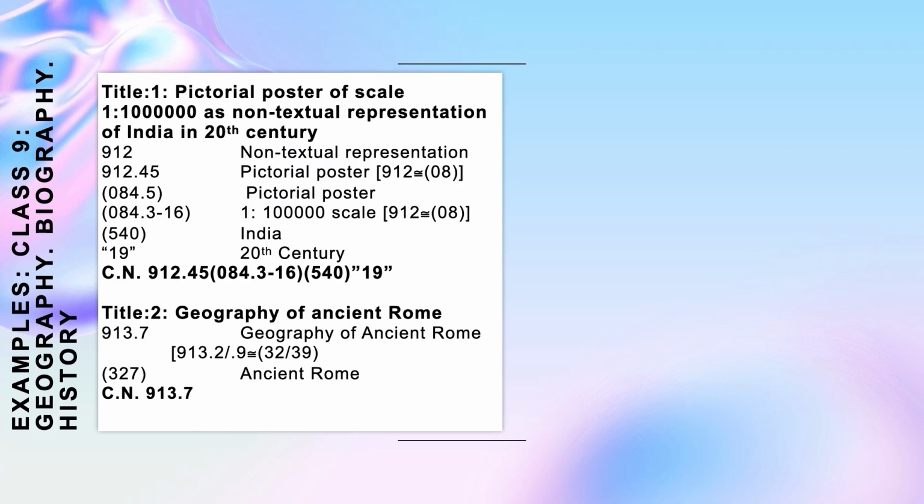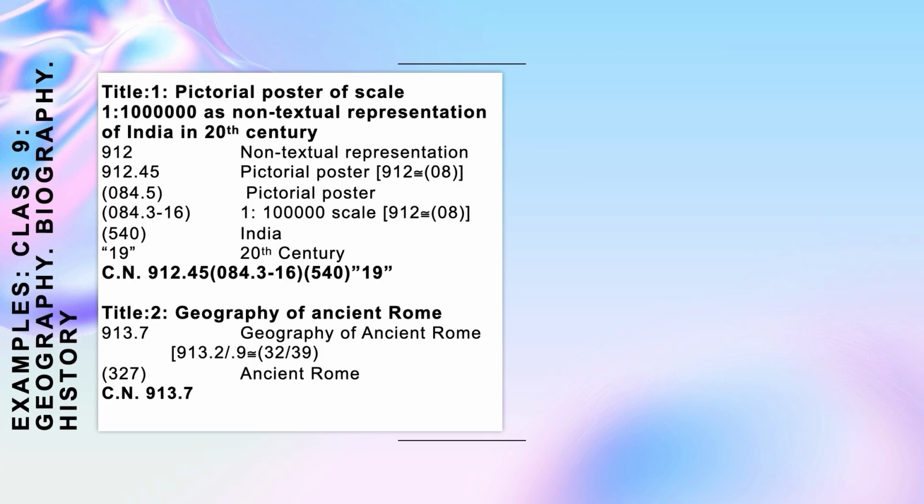So title 1, Pictorial poster of scale 1:10 lakhs as non-textual representation of India in 20th century. So non-textual representation in 912. Then pictorial poster 912.45. Actually 912 subdivided as within parenthesis 08, that is form, and the pictorial poster, that is (08 4.5), and scale 1:10 lakh scale.